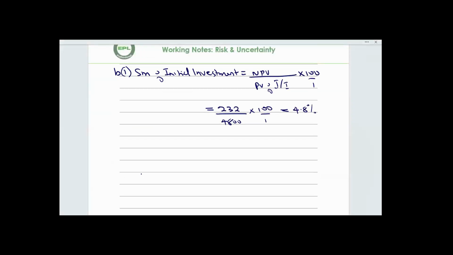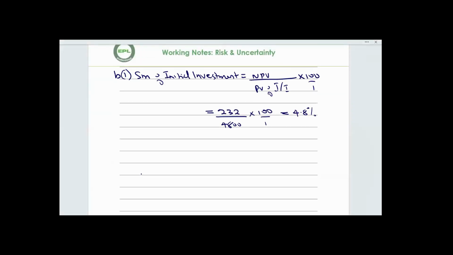Here is 4.8%. Let me explain. The interpretation of this is that we have calculated our NPV to be 232, and we said the project is financially viable, and therefore the project investment should be undertaken. We now want to measure the percentage change in initial investment that will make the project still be viable.